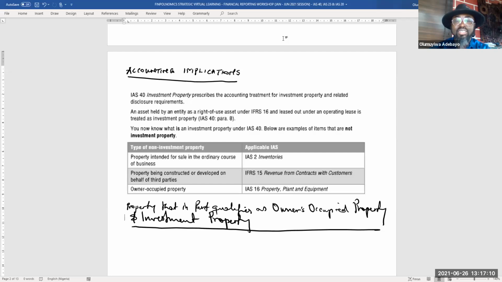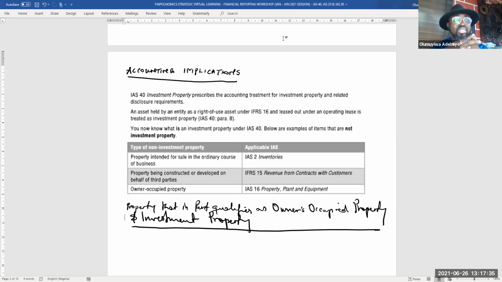But what the standard recognizes is that a situation where you have part of a building or part of a land used for administrative purposes or production of goods or supply, and part is used for rentals or capital appreciation, certain conditions must be met.